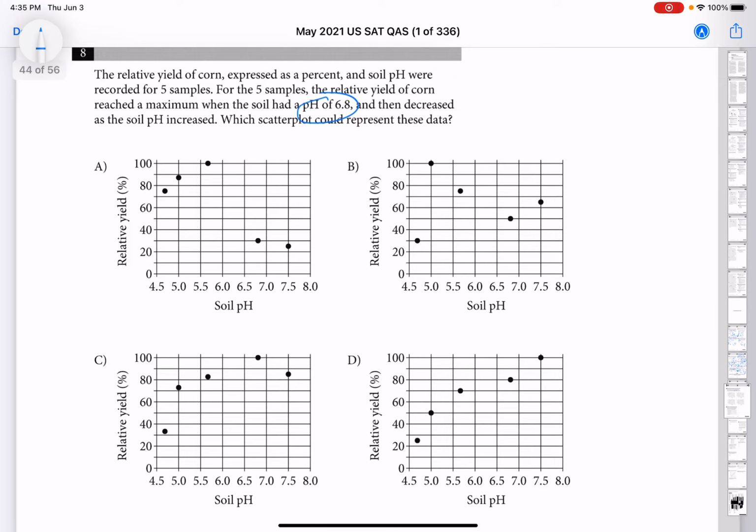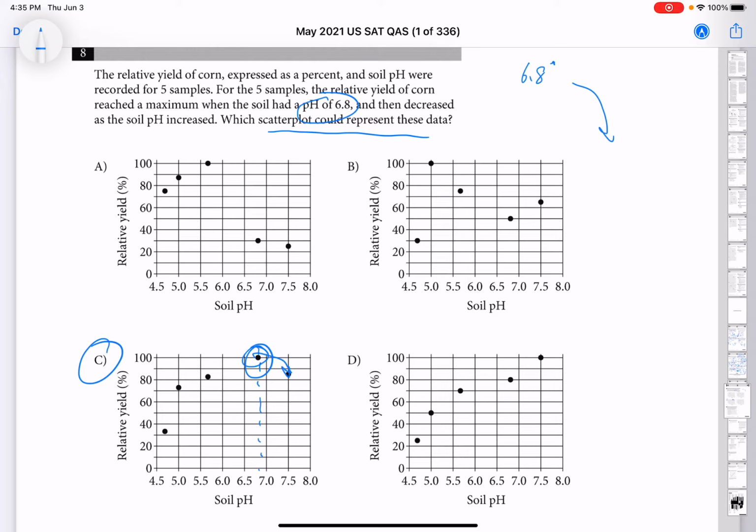So that means at 6.8 it'll be at the highest and then it'll start going down. Which scatter plot could best represent this data? All right, so 6.8 is where we have its maximum. It looks like answer choice C should be correct because at 6.8 it's over here. This is the highest point and then it starts decreasing from there.